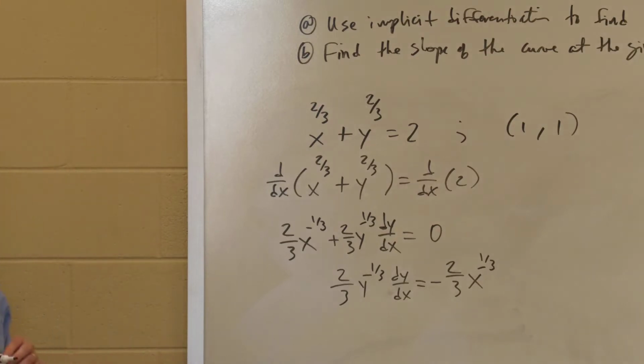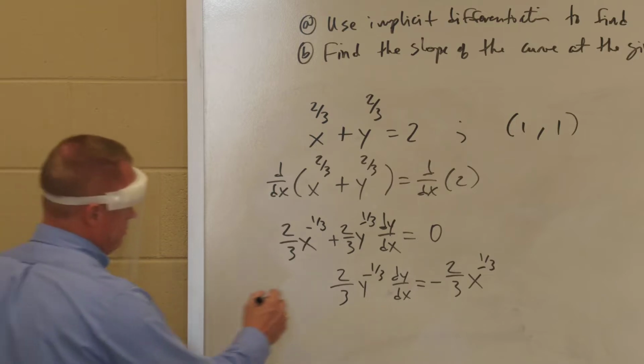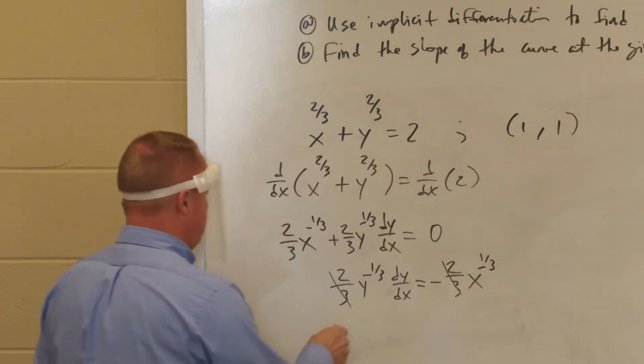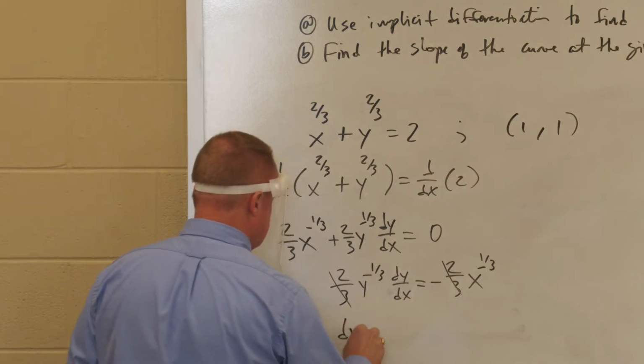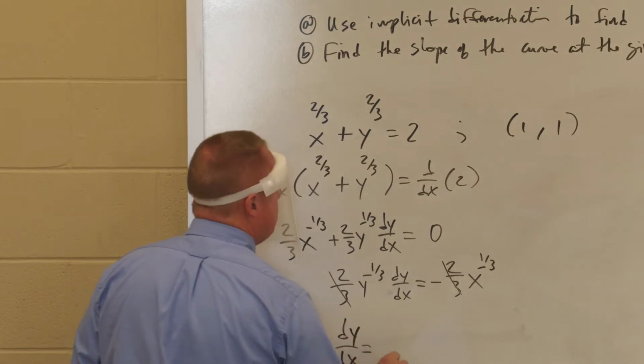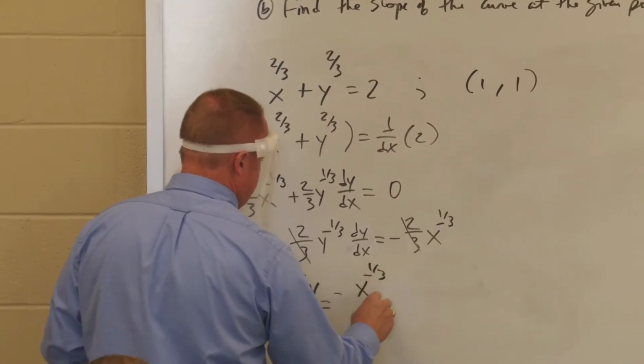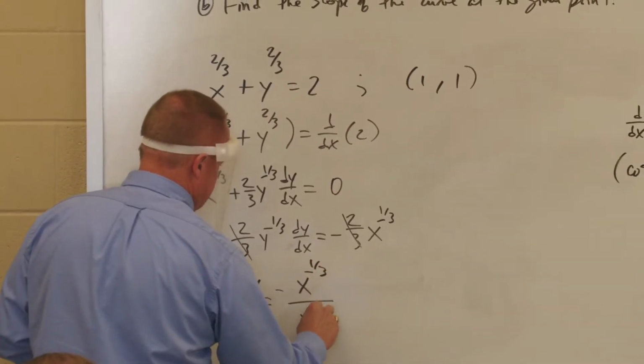Now notice I have 2/3 on both sides, and if I divide both sides by 2/3, what happens to those? They just divide off. So that will leave me with dy dx equals negative x to the negative 1/3 over y to the negative 1/3.